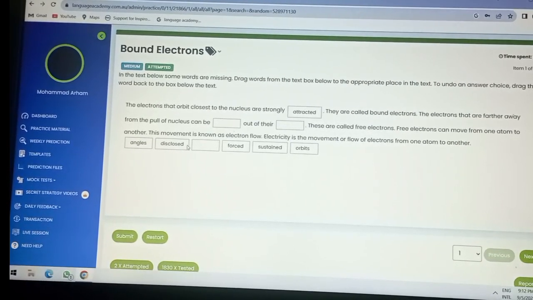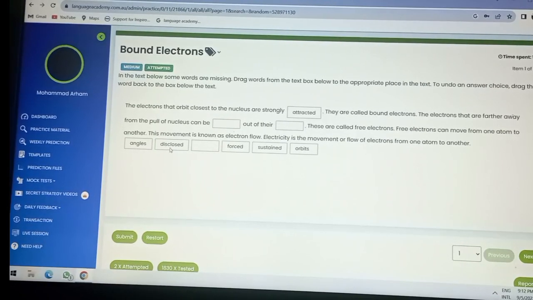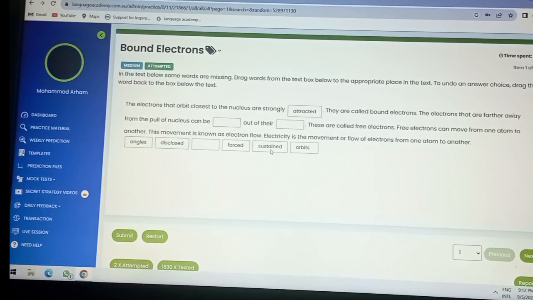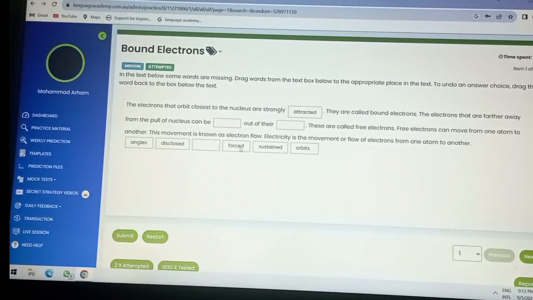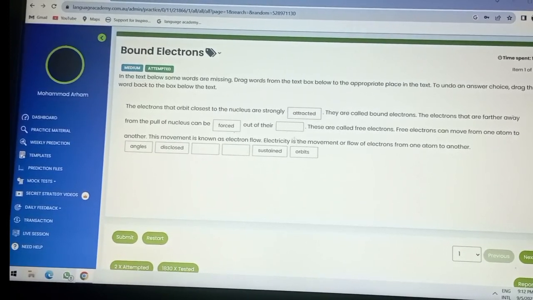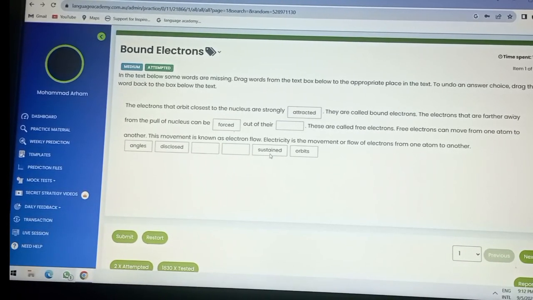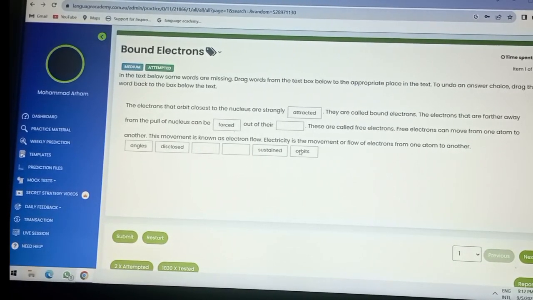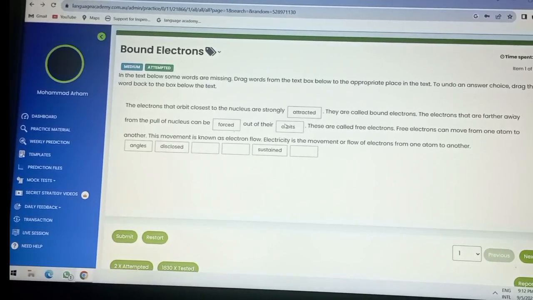The options are angle, disclose, force, sustain, orbit. Forced out of there, or sustain out of there, or disclose, angle, orbit. The answer is out of their orbit.